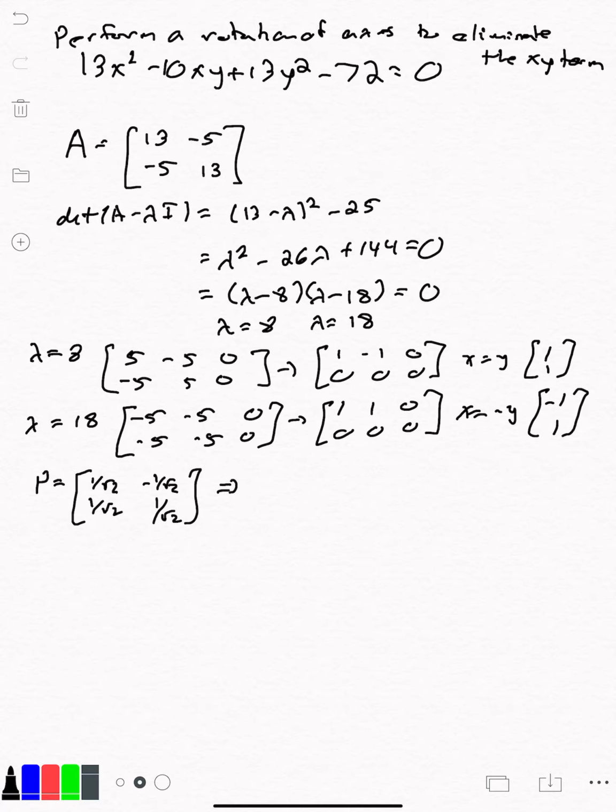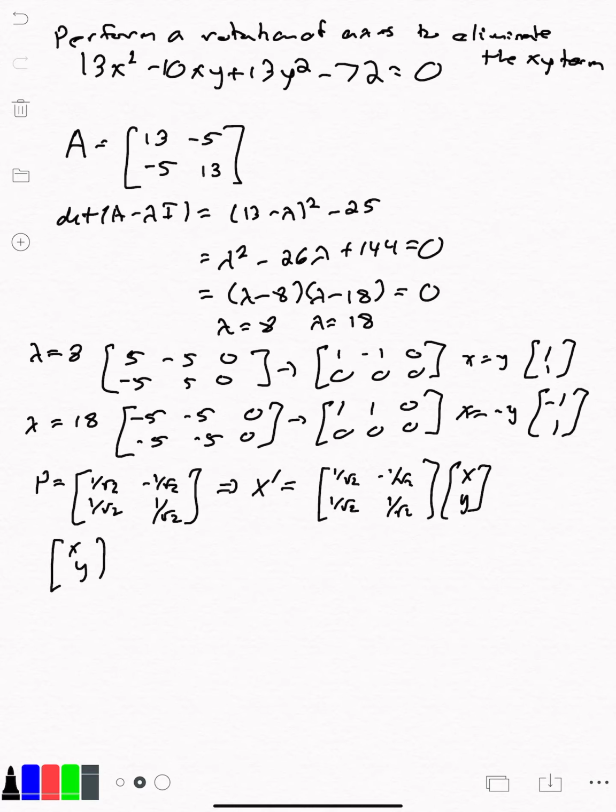And that means my new variables here are going to be x prime equals P times the original variables. And so then you have to solve for what x and y are in terms of x prime and y prime, which is not that hard because it's an orthogonal matrix, so the inverse is the same as the transpose.